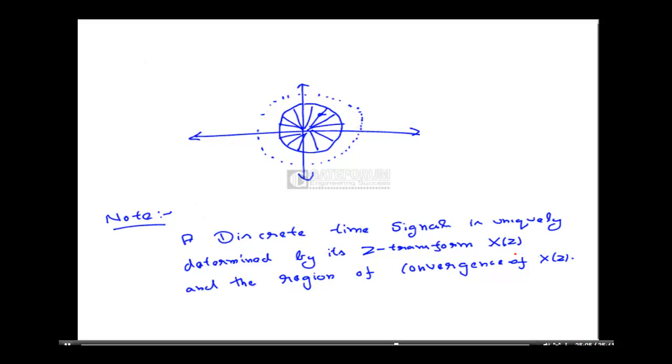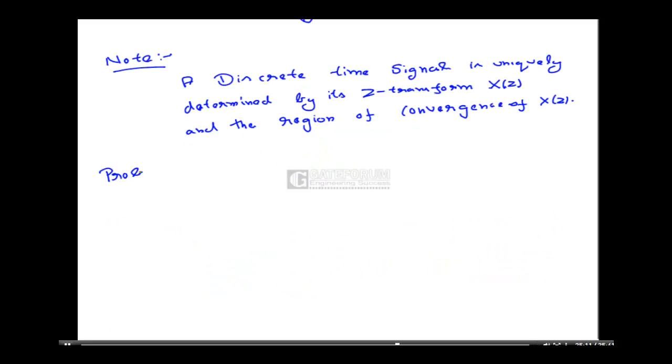Now let's do one more problem. x[n] is equal to alpha to the power n u[n] plus beta to the power n u[minus n minus 1]. Find the Z transform for this and the region of convergence depending on the value of alpha and beta.